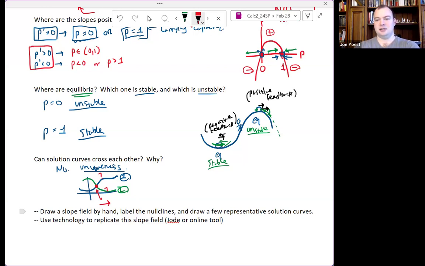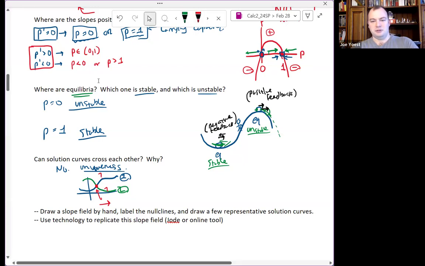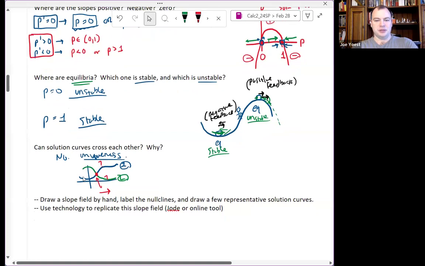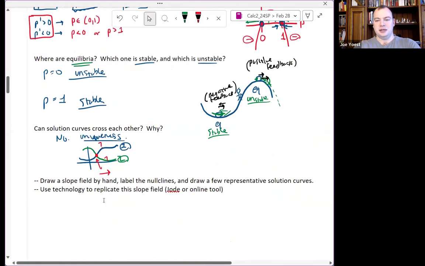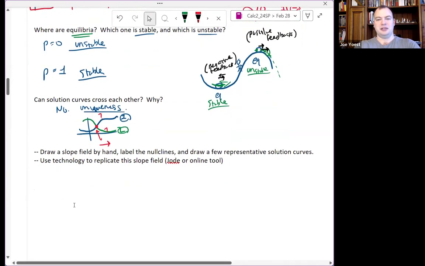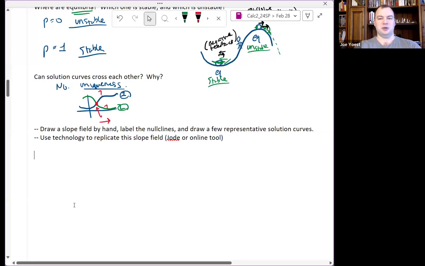This is not intended to be a full treatment of DiffyQ. But essentially, the point is we want uniqueness of solutions for most nice, reasonable differential equations. Solution curves will not cross one another. You can come up with crazy ones where that's not an assumption that can be made, but for most reasonable ones, solution curves will not cross each other because we have uniqueness.